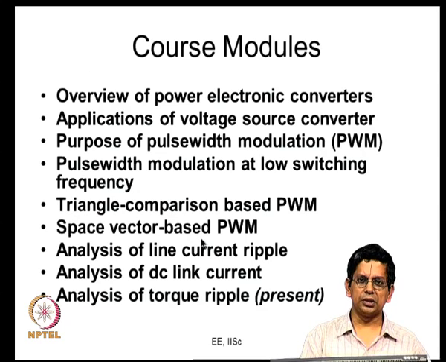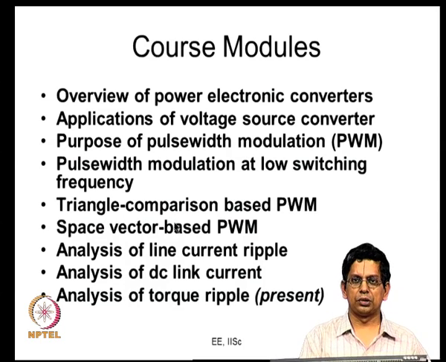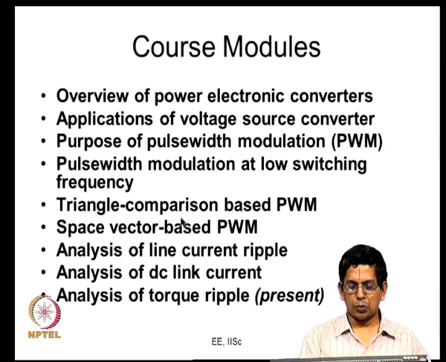All these methods, as I mentioned before, can be implemented using a carrier comparison approach. That is, you can have 3 phase carrier waves and compare them with 3 phase modulating waves and produce the PWM waveforms.